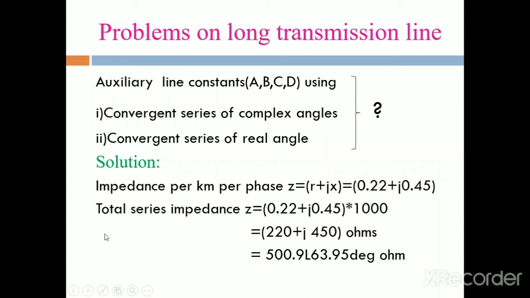Then we calculate the total series impedance, Z is equal to 0.22 plus J 0.45 into 1000. That gives 220 plus J 450 ohms, which is equal to 500.9 at an angle of 63.95 degrees ohms. This is the total series impedance.